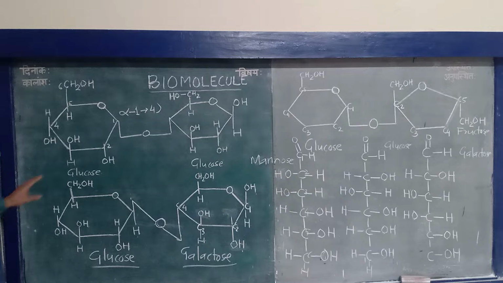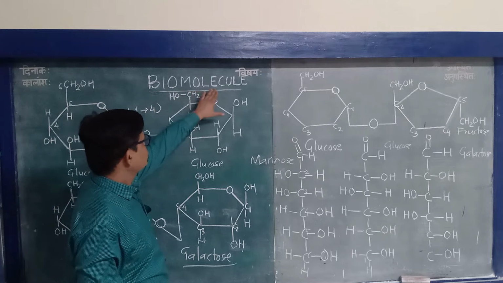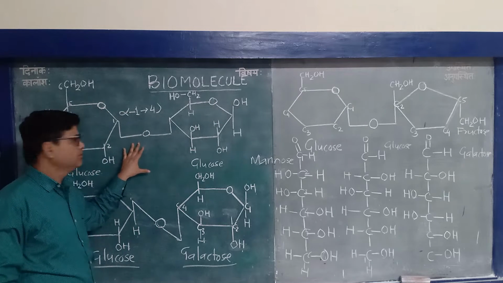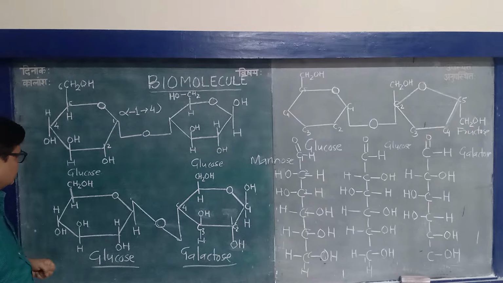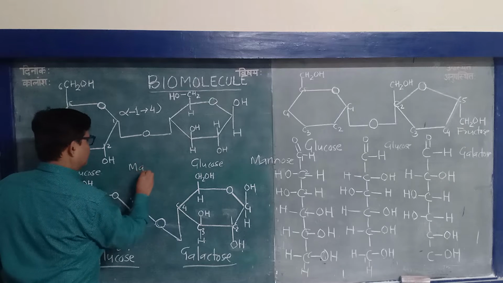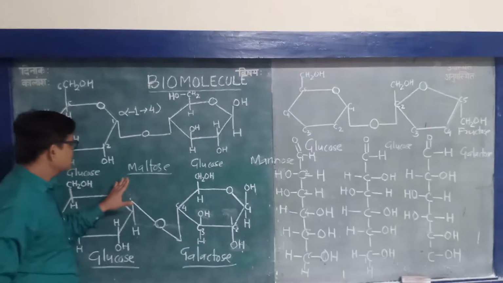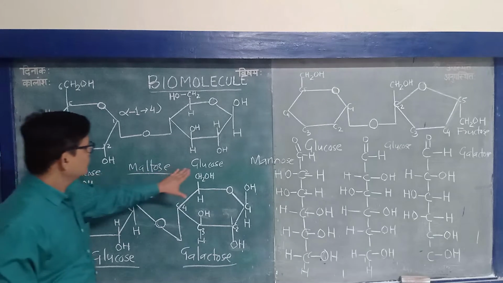Today, in continuation with the topic biomolecules, I am going to discuss the chemical structure of disaccharides. So you know the disaccharide, that is maltose. Maltose is made up of glucose and glucose.